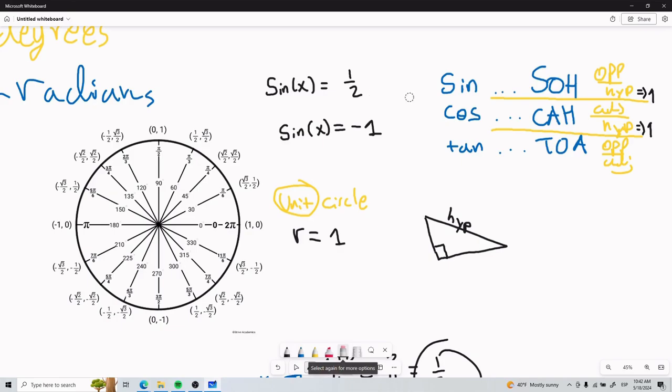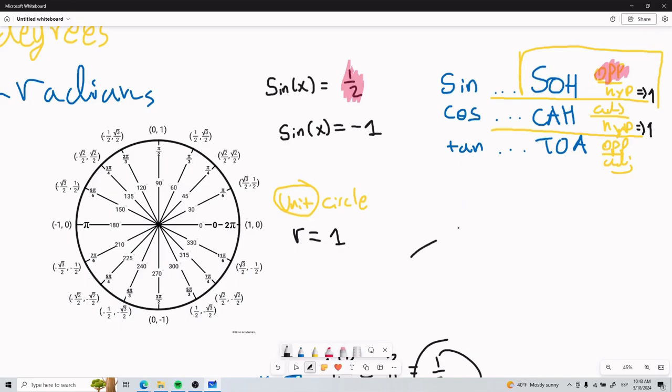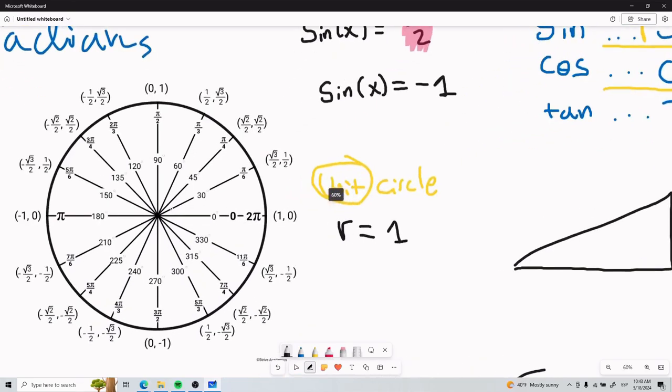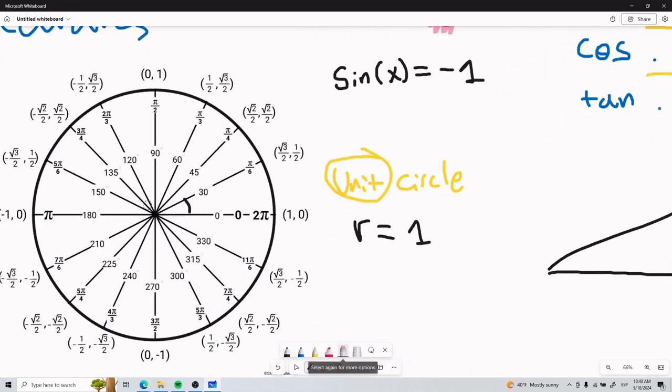So if you have sine x equals 1/2, that means that, thinking in SOH, if the hypotenuse equals 1, then your only option is that the whole opposite equals 1/2. Now, what is opposite in this context? The sine, or all these angles, better said, is always going to be with respect to this. So, for example, you have this triangle here.